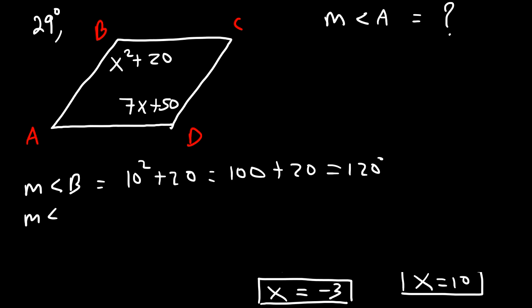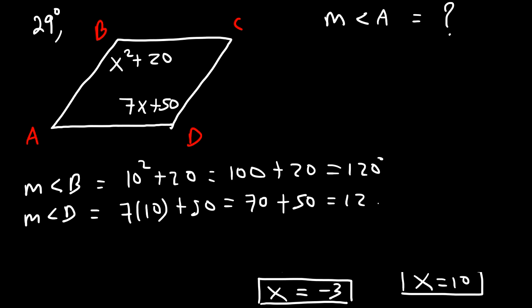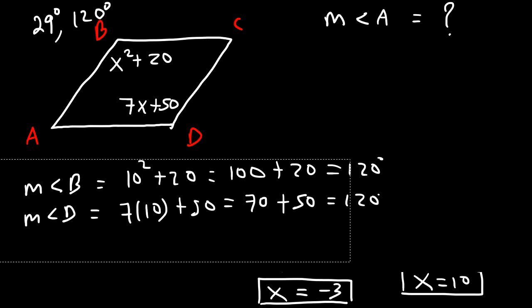And if we check it by calculating angle D, it's going to be 7 times 10 plus 50. So that's 70 plus 50, which is also 120. So angle B can be 29 or 120 degrees.